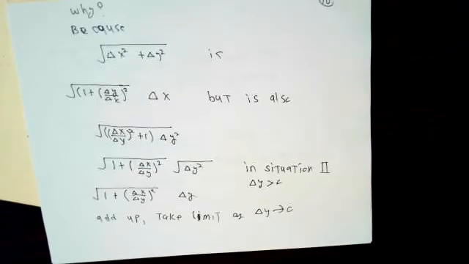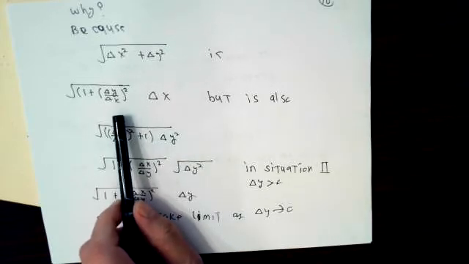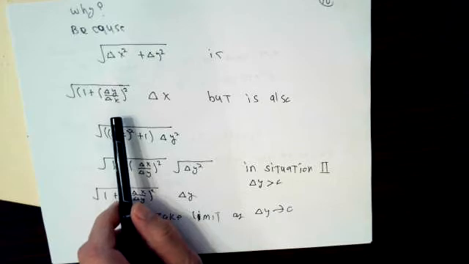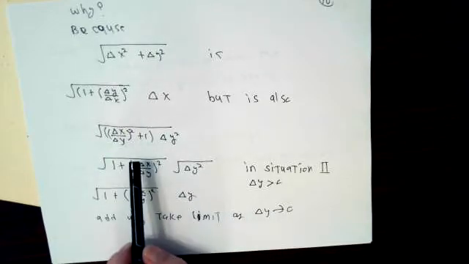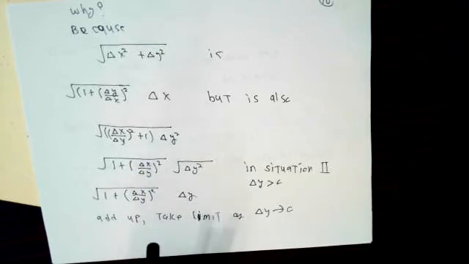I'm not going to go through the entire argument again, but the reason basically is you could factor the delta x squared out under the radical sign, or you could factor the delta y squared out under the radical sign. And if you do that second thing, you get this expression. When you add them up and take the limit, you get the formula that I just quoted a moment ago.